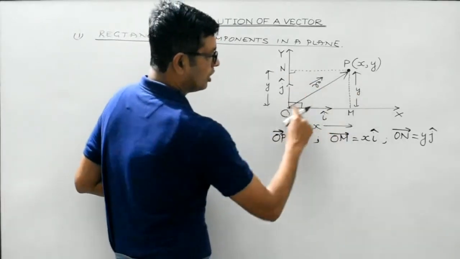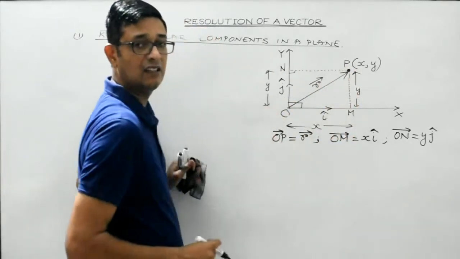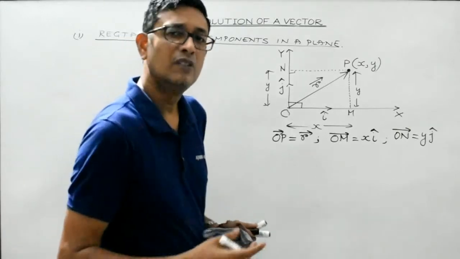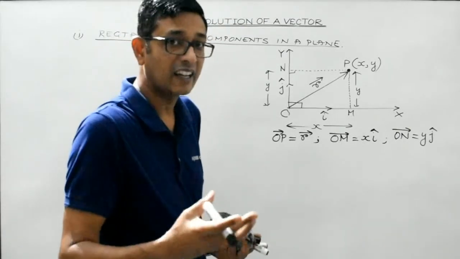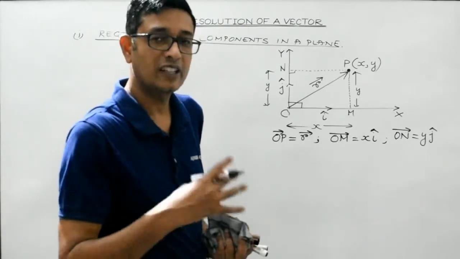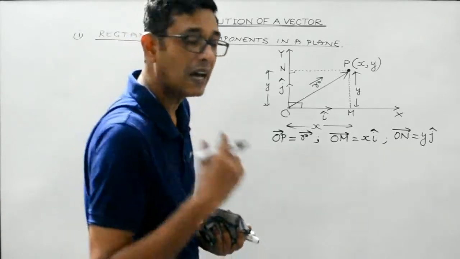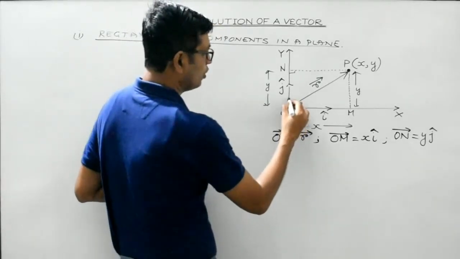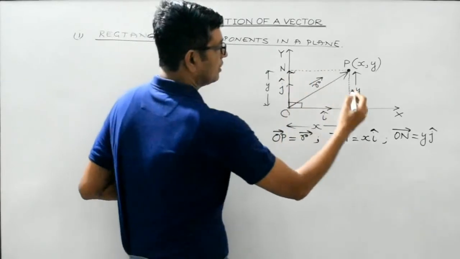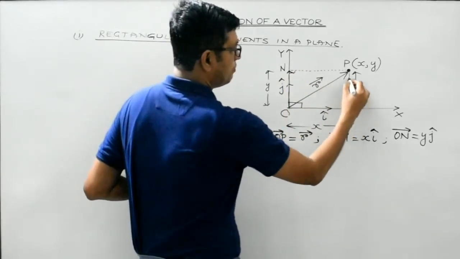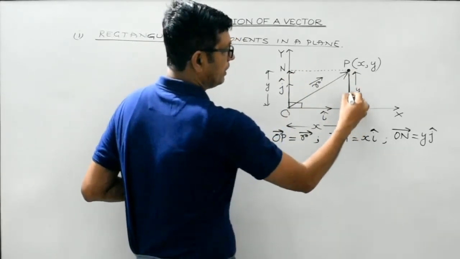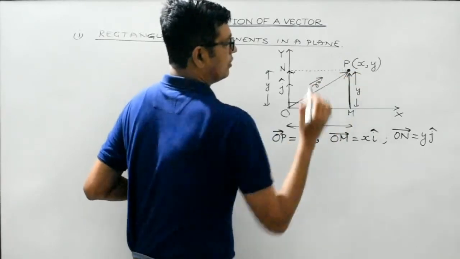Now this is a parallelogram, or you can consider it to be a rectangle. Every rectangle is a parallelogram. In a parallelogram or a rectangle, opposite sides are equal as well as parallel. Therefore, ON vector is equal to MP vector. This is MP vector. Right?